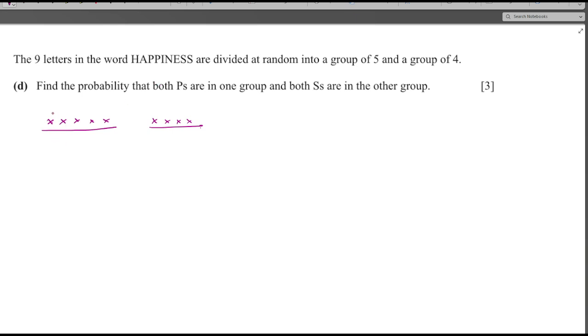So it is possible that here I have both p. So when I have both p here, and both s are here, so from the remaining 3 plus 2, 5 alphabets, I have to select 3 alphabets only. So that can be done in 5c3 ways. Now, it is said to find the probability that both the p's are in one group and both the s are in the other group.